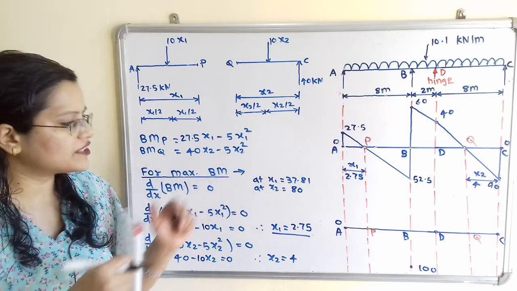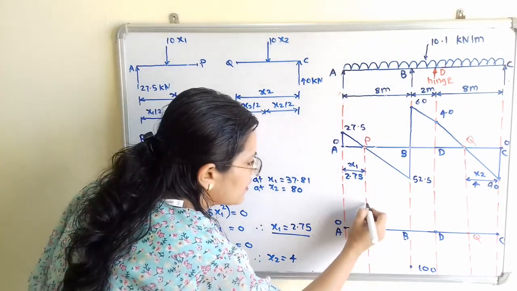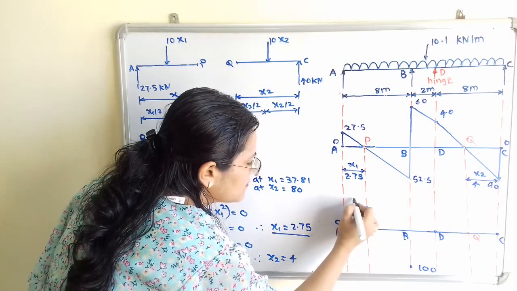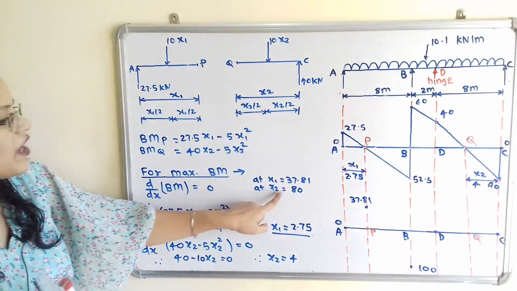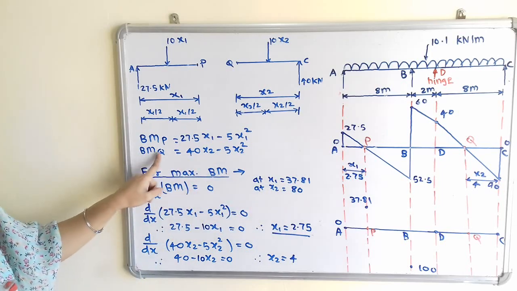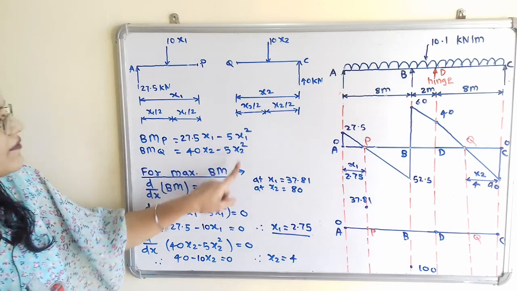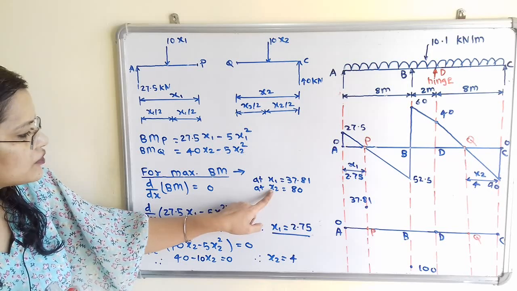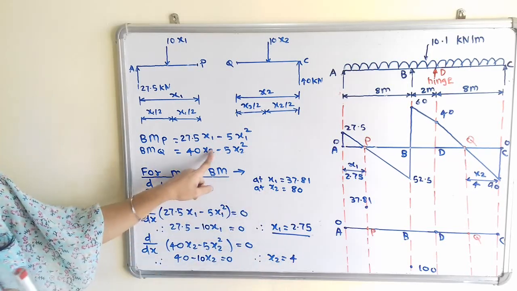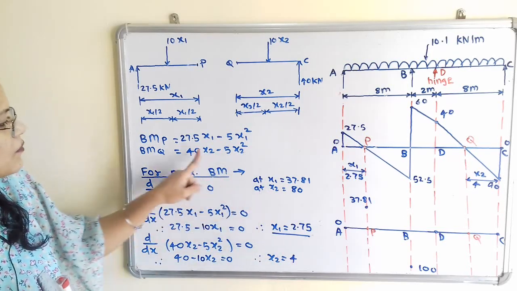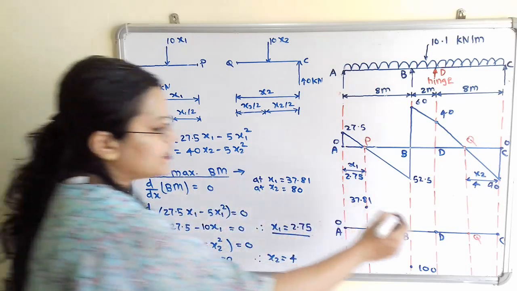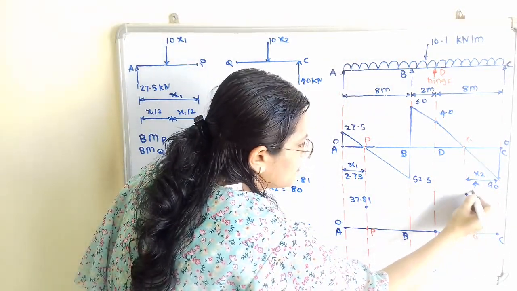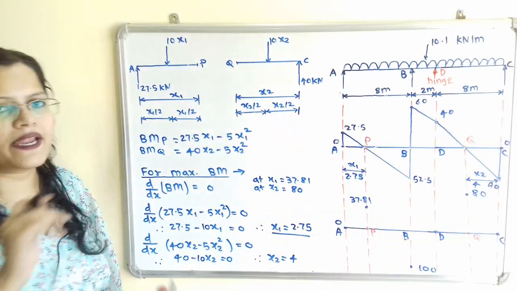It is the positive value, so I will plot here 37.81. And when we put the value of x2 in the bending moment at point Q, if we put 4, then we will get bending moment value equal to 80. So I will plot here the point 80. So this is the maximum bending moment.